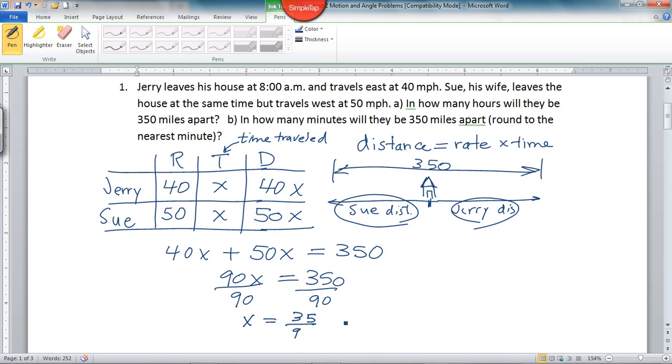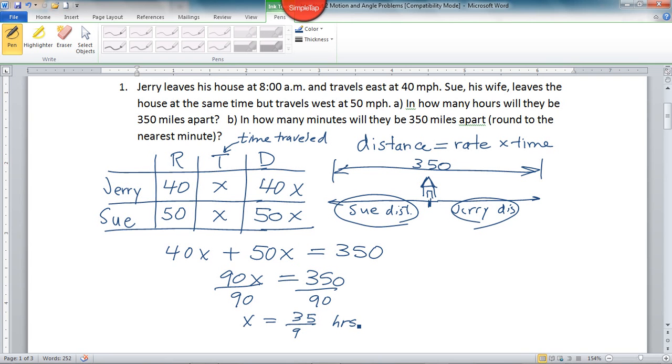We are talking hours. Not quite 4 hours if you round that to a decimal. Let's see, 35 divided by 9. Okay, so it's 3.888 repeating, about 3.9 hours.